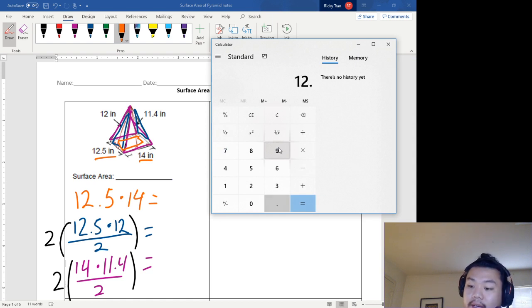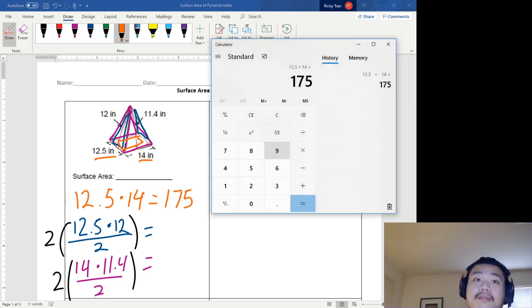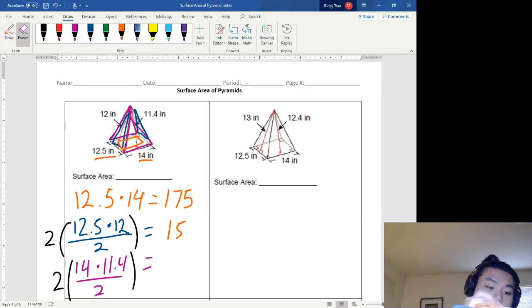So 12.5 times 14, which is 175. Then we have 12.5 times 12 times 2 divided by 2, which will be just 150.